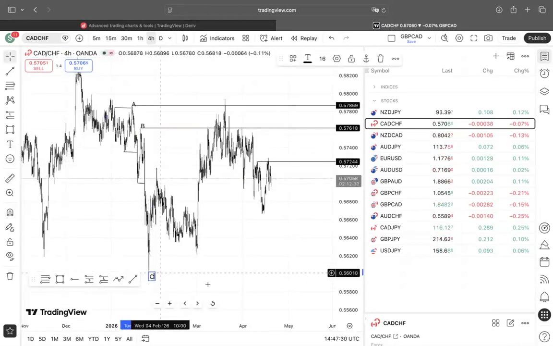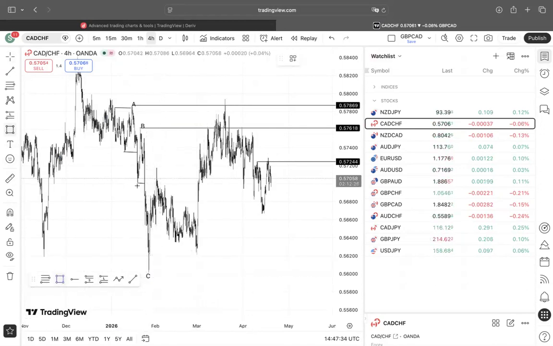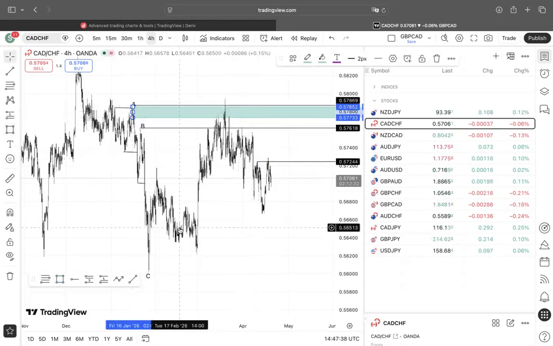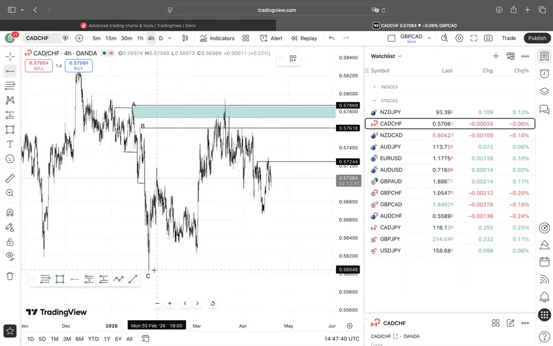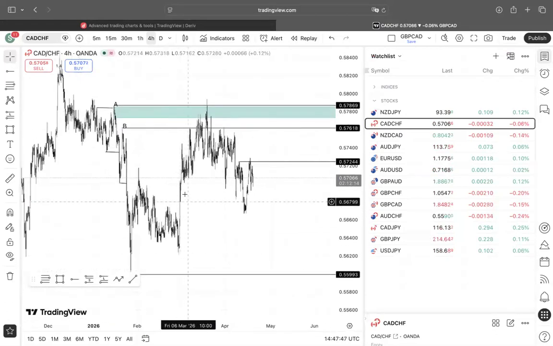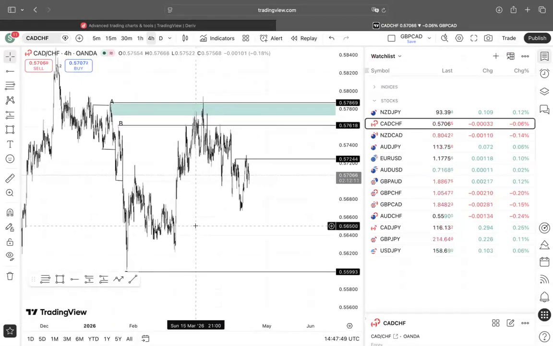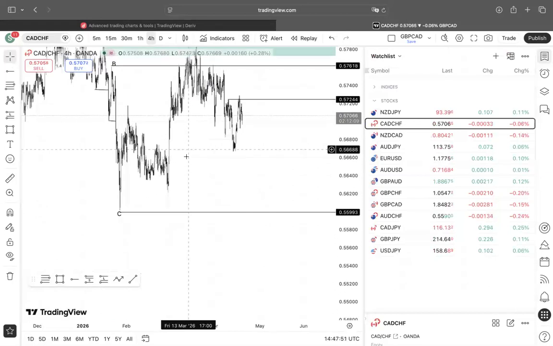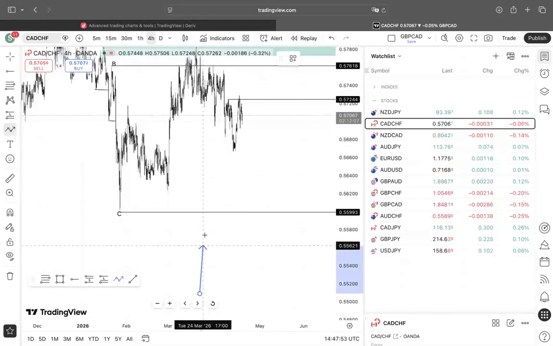So this is our target. All right, so price has to come back here, tap on it, and then price is heading here. So this is our top-down analysis. We have to go to the higher time frame, get same structure, and then go to the lower time frame and get entries. It's just simple. Something like this.